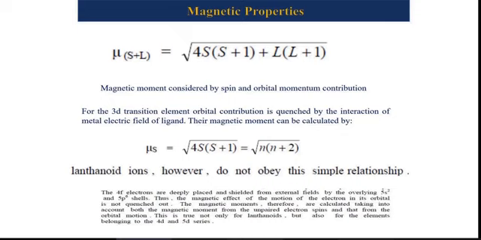Now, this is the formula from which you can calculate their magnetic moment. Always remember, in this case the spin orbit coupling is higher than the ligand field.